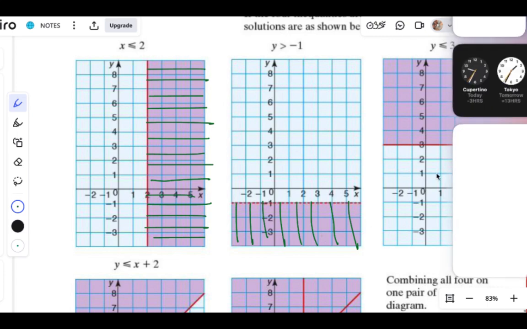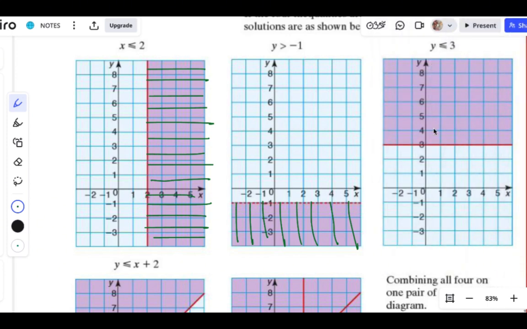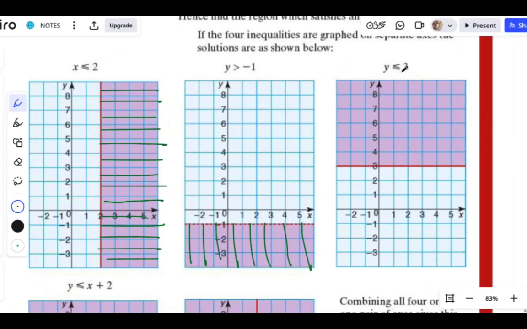Now the third inequality is y is less than or equal to 3. Now, you go to the y-axis. Across 3, because it's less than or equal to, you're going to draw a solid line across 3 on the y-axis.